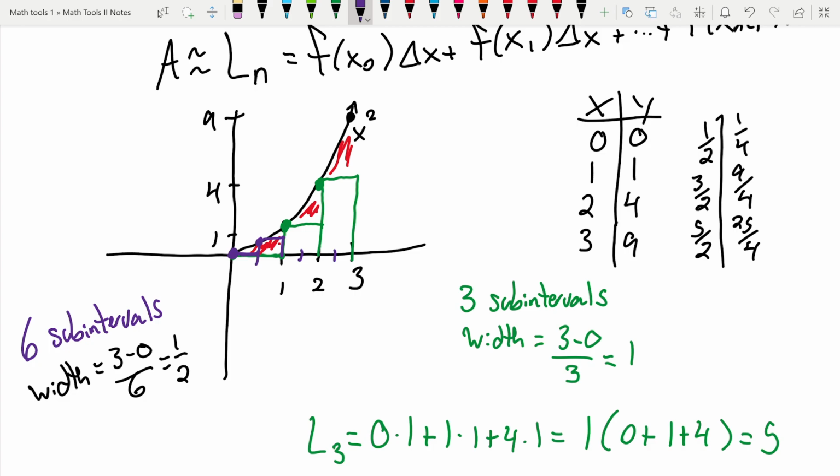Okay. Then the next one is the same as the last one, right? So that has height 1, but we only go half of the length. And then the next one has height 9/4. Okay. And then the next one is equivalent to the last one. Its height, right? But we only go half the length again.